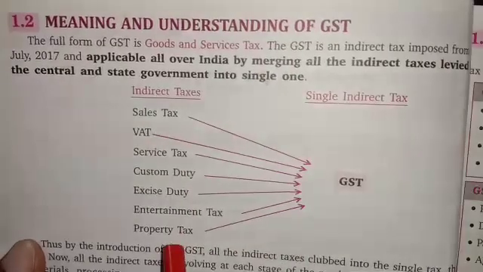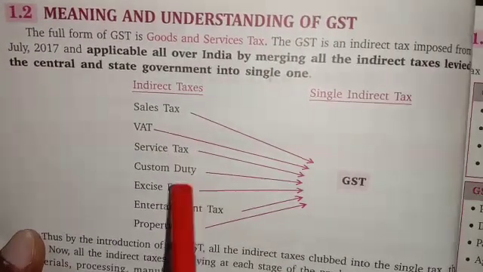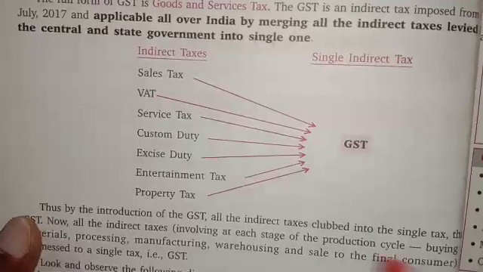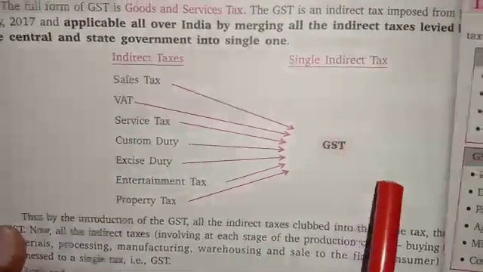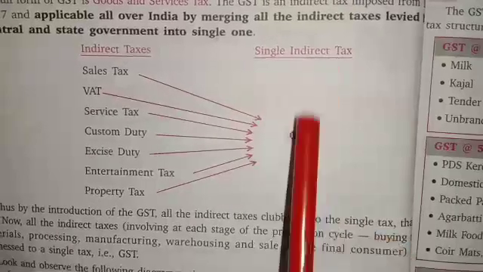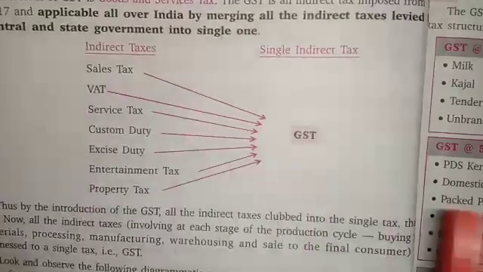Indirect taxes are sales tax, VAT, service tax, custom duty, excise duty, entertainment tax, property tax. These all come under GST. Okay, this is a single indirect tax. This total belongs to GST.